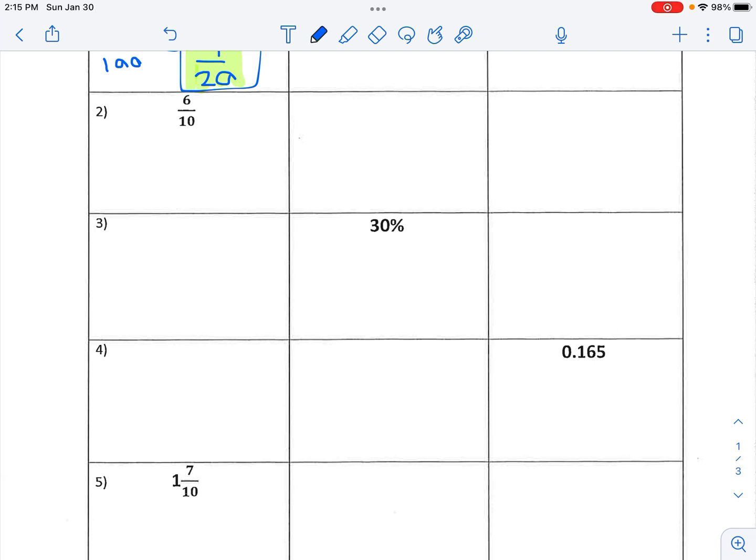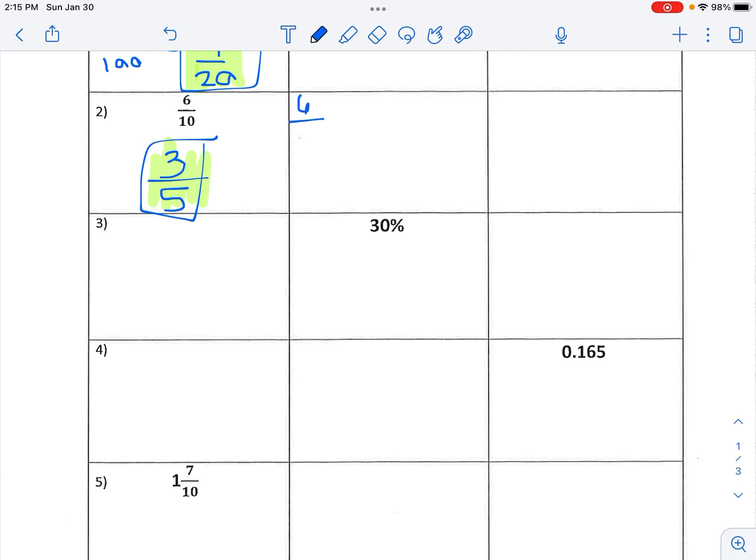Number 2, 6 tenths. Now I know 6 tenths is not reduced because those are both even numbers. If I divide 6 by 2, I get 3, and 10 divided by 2 is 5. So your final answer on your fraction for number 2 should be 3/5. Now our middle column is our percent.